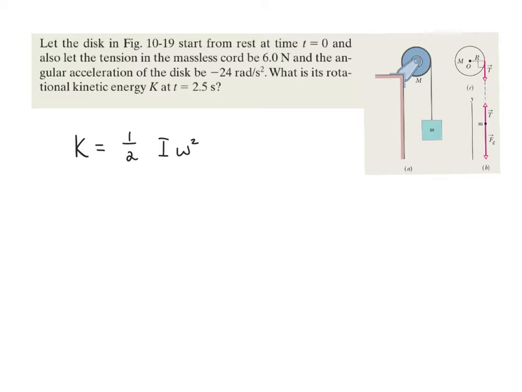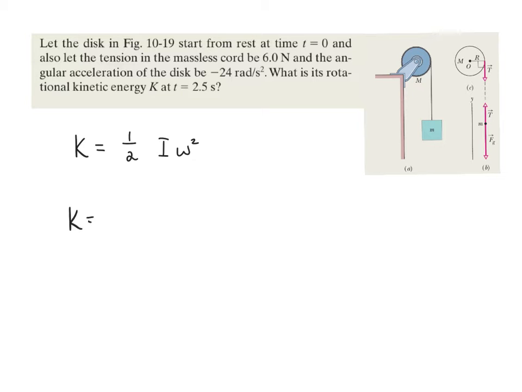Now, we're looking specifically at the rotational kinetic energy of that disk when it's rotating. So we have to figure out what that angular velocity is going to be. We don't have omega in this problem. It's a disk, so I is 1/2 m r squared.